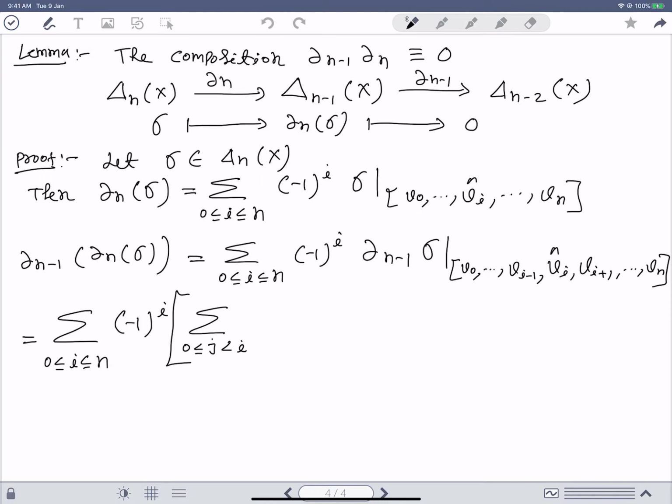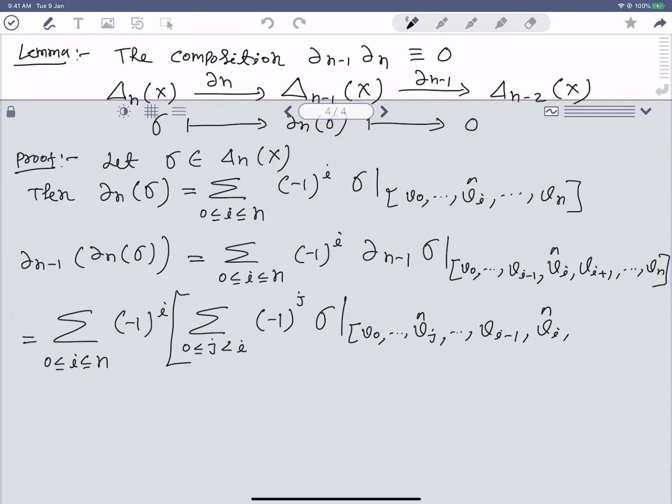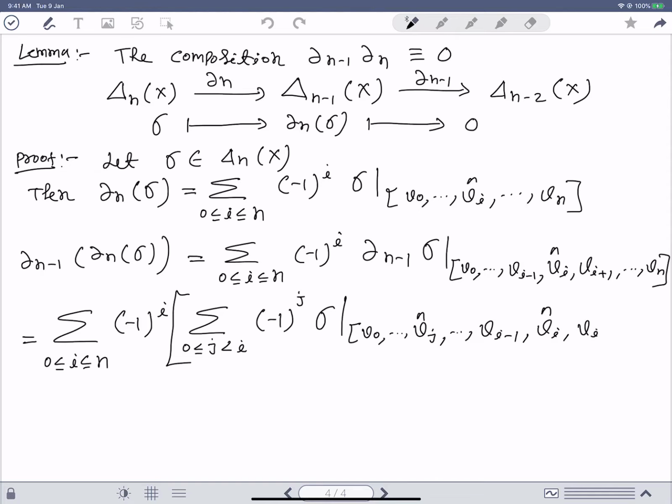Now it will be minus 1 to the power j, and sigma restricted over v0 up to vj cap up to vi minus 1. So the range of j will be 0 to i minus 1. Then vi cap, since vi is already missing, then vi plus 1 up to vn.